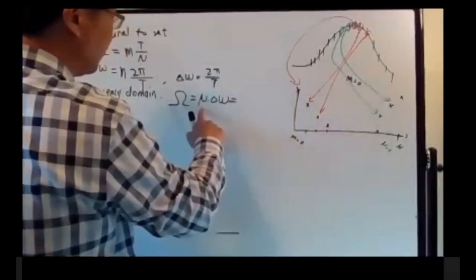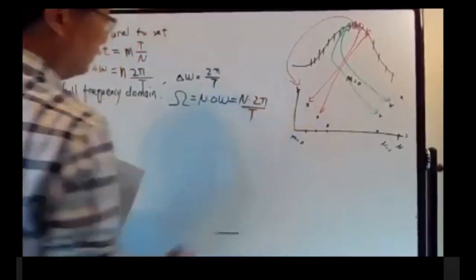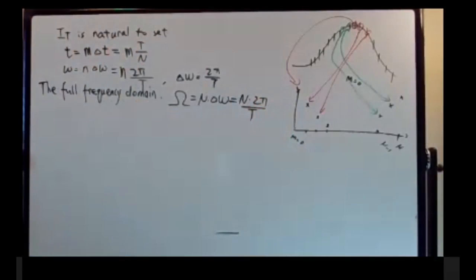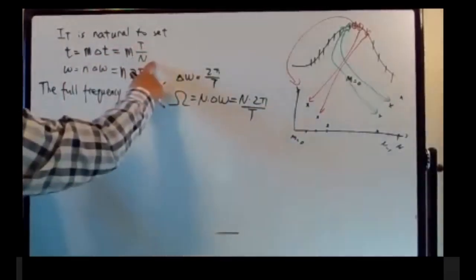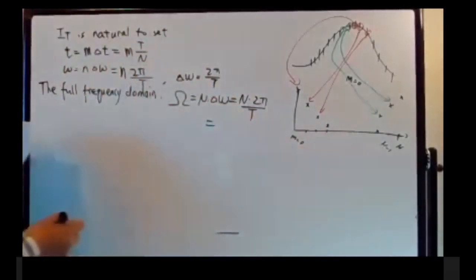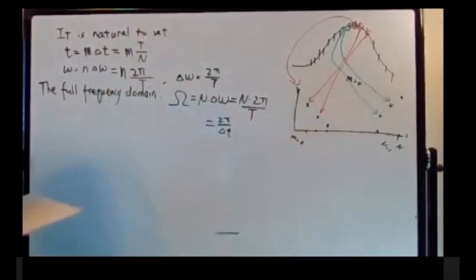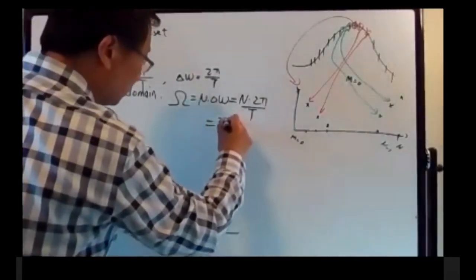So that is capital N times 2 pi over T. Since delta t is T over N, we can also write this as 2 pi over delta t.